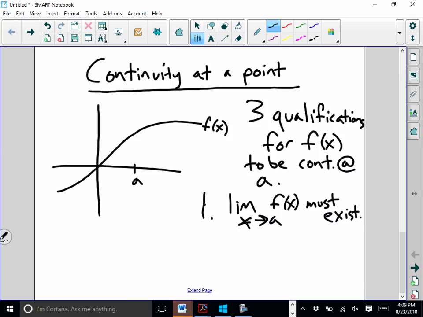Now, this is step one, but we want to break it down a little more, thinking back to our previous lecture, maybe two lectures ago. For a limit to exist, that has qualifications of its own. It has two qualifications. The right-hand limit must equal the left-hand limit. So this isn't step two, this is additional to step one.